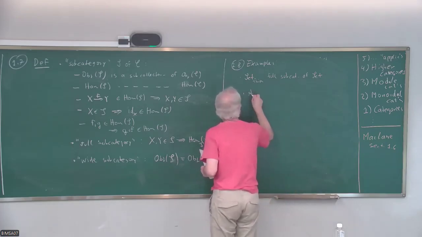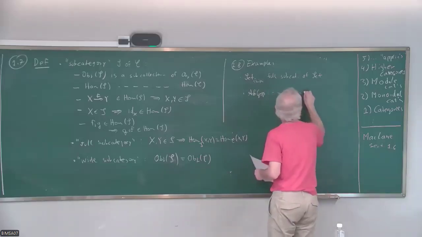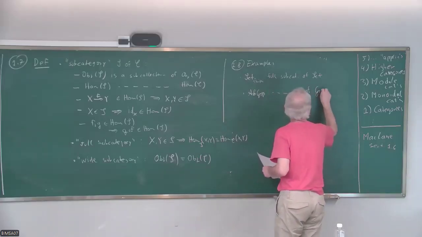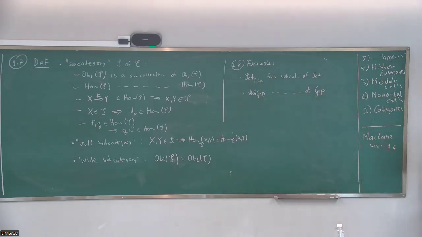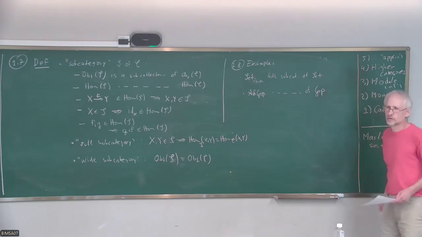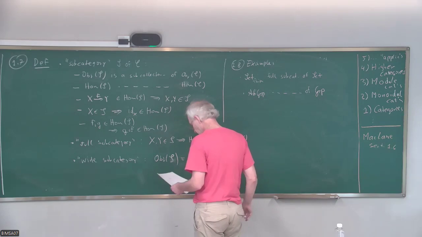And another: the category of abelian groups is a full subcategory of the category of groups. I have not introduced them, but objects are groups and morphisms are group homomorphisms, and composition is composition.